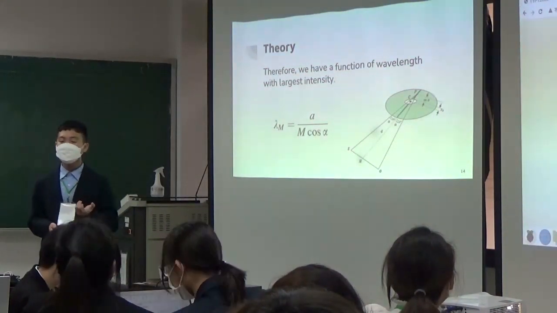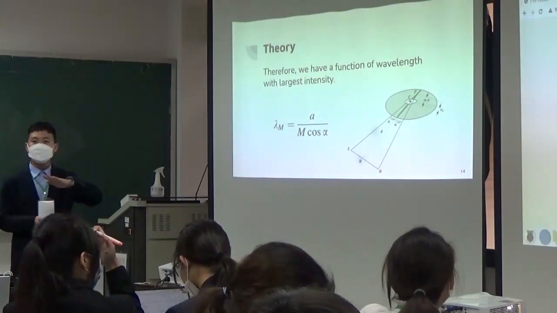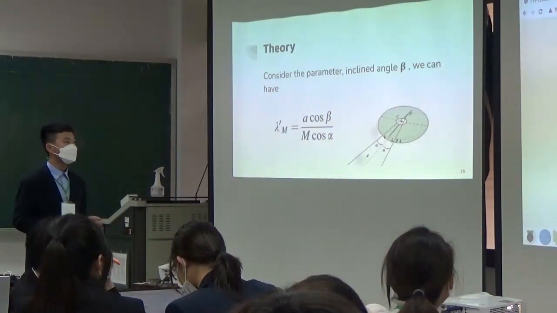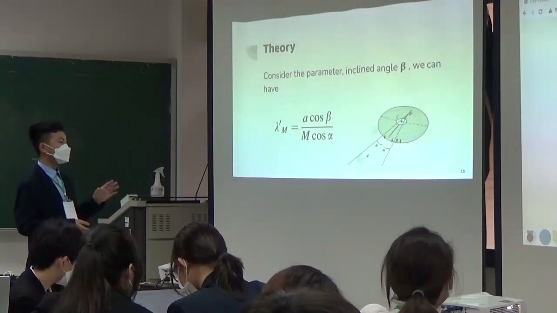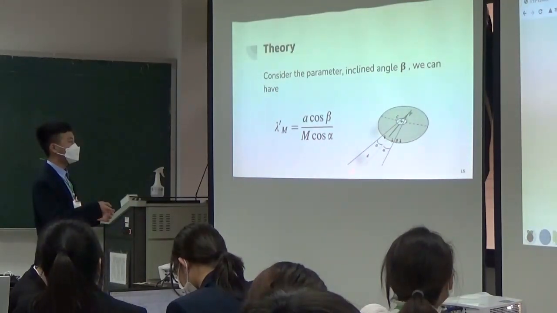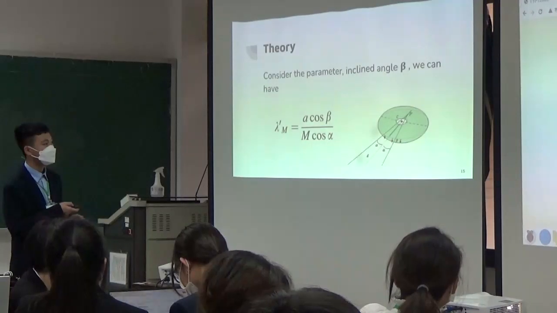But the problem statement says that we should consider the inclination of the CD, so we did a different mathematical operation and get a cosine beta over m cosine alpha.